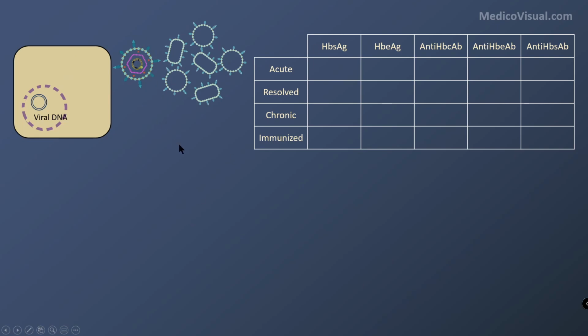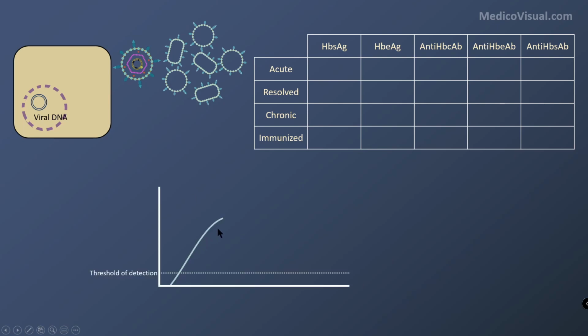These surface antigens will be detected, right? So let's suppose this line is denoting the surface antigen, so you can detect surface antigen, and surface antigen will be positive. It is the start of acute infection of hepatitis B virus.